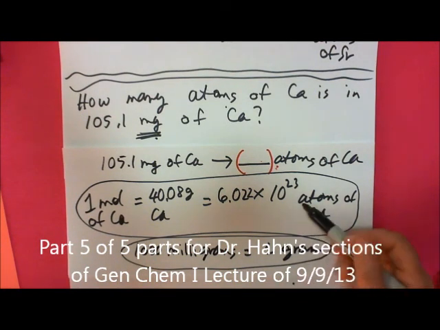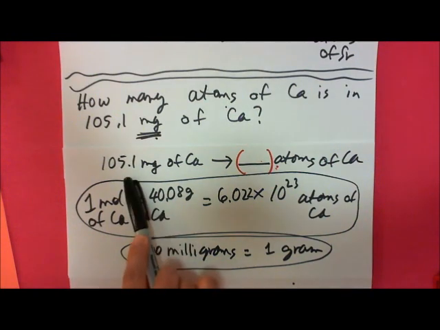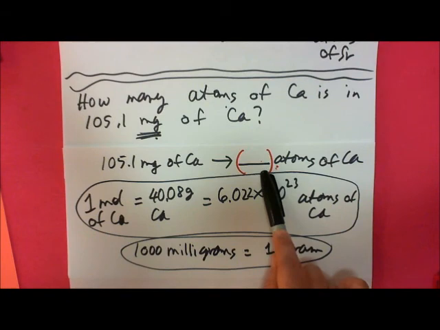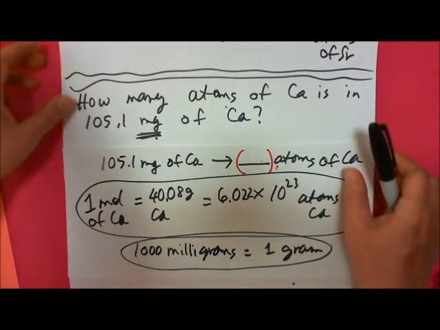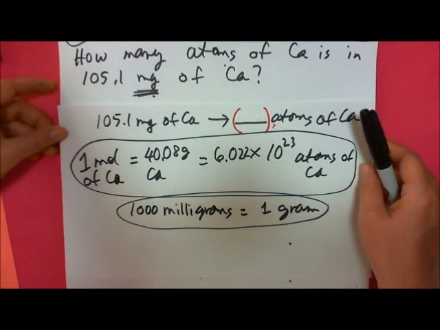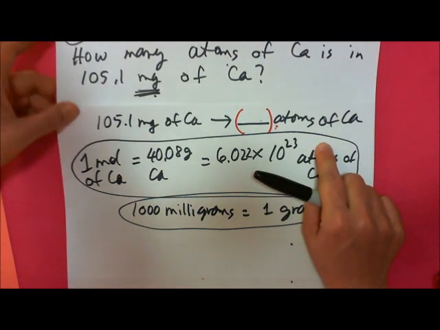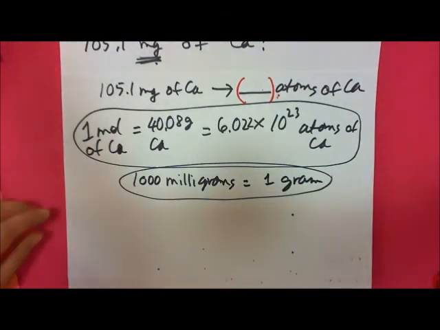So those two lines are all the conversion factors that I'm going to use to go from milligrams of calcium to number of atoms of calcium. Very close to that promised question that you'd be able to solve, where you start out with the volume of water and go to the number of atoms of oxygen. Same sort of problem.